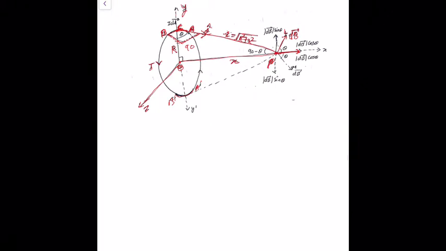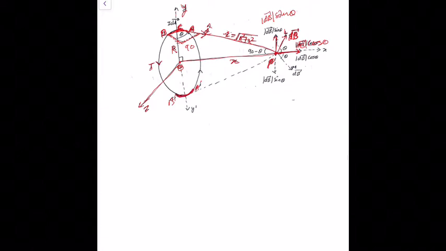The components of the magnetic field due to current element AB and a dash b dash along y dash cancel each other. Here dB resolves in two parts. First part, magnitude dB vector cos theta, and vertical component magnitude dB vector sin theta. Same, resolve magnetic field due to a dash b dash.